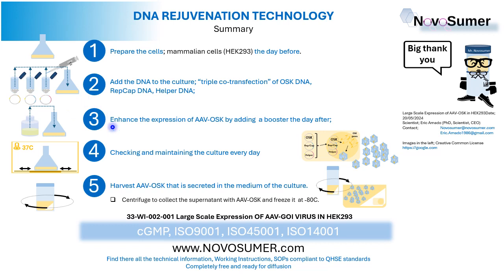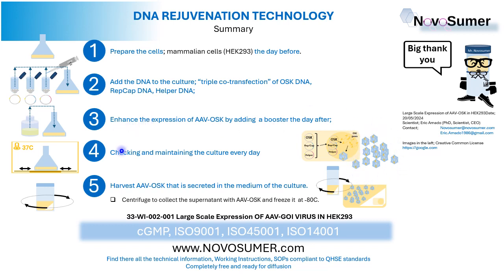Okay? And what was the third step? Enhancing the expression of EVOs by adding a booster the day after. So 18 to 22 hours after transfecting, we just add the booster. Okay? And it will boost the expression. We will have a lot of EVOs by boosting it.